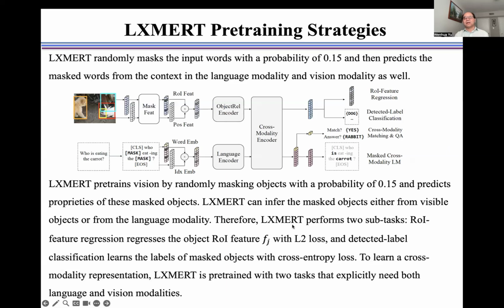Therefore, LXMERT performs two subtasks. ROI feature regression regresses the object ROI feature F_G with L2 loss, and detected label classification learns the labels of masked objects with cross entropy loss.